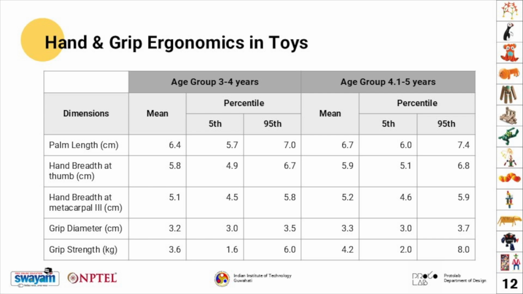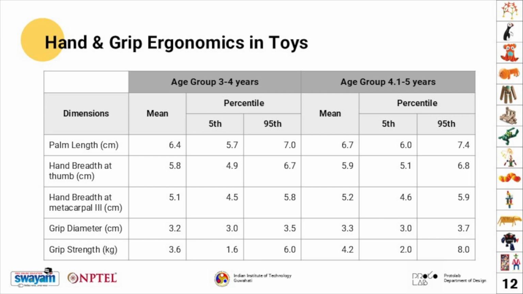The mean grip diameter recorded was 3.3 centimeter with a 5th to 95th percentile range of 3.0 to 3.7 centimeter. If your toy handle exceeds 4 centimeter in diameter, you are likely forcing smaller children into overextension.